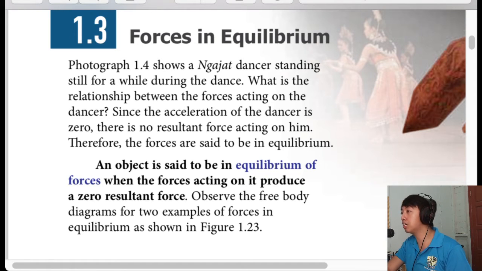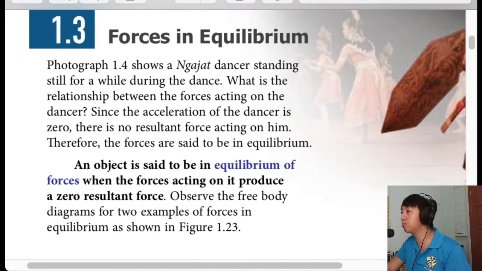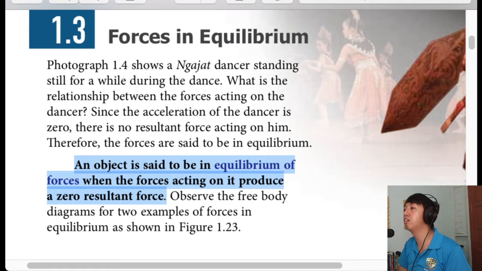So an object is said to be in equilibrium when the forces acting on it produce a zero resultant force. So we learn how to find resultant force. But if all the forces add up to produce zero, then we say that that object is in equilibrium.